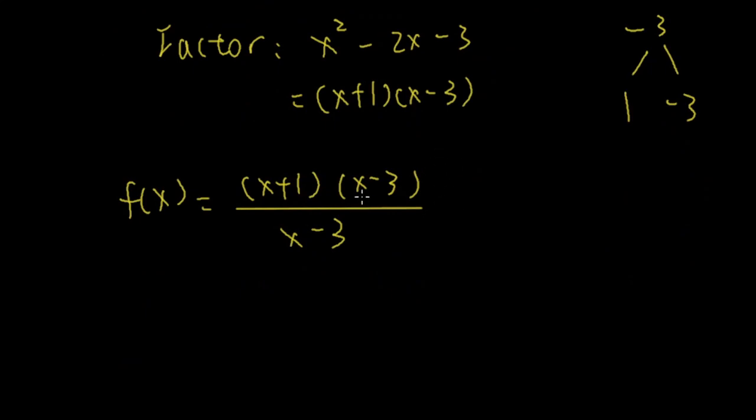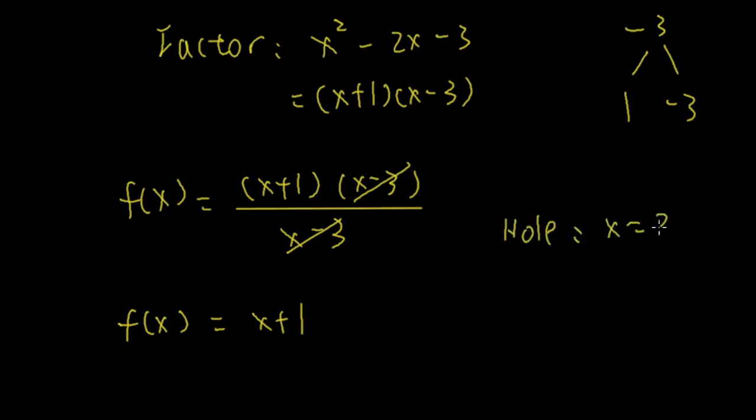Yes, you can. x minus 3 and x minus 3. Right? So what you have left is f of x equals x plus 1. Now, notice that since x minus 3 cancels out, right? There's no vertical asymptote. But there will be a hole at x equal to 3.